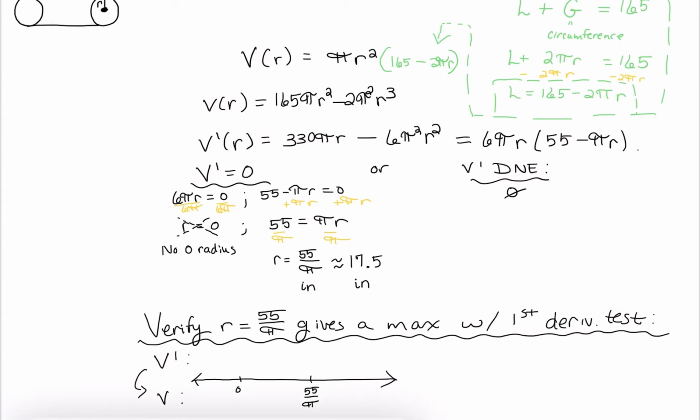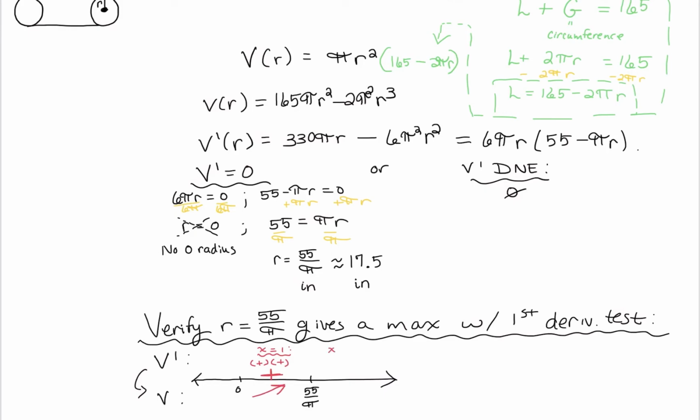So maybe we sub in just something like 1, so subbing 1 into your derivative. So if I look at the 6 pi r, that monomial would be positive, and then 55 minus pi is definitely going to be positive, so this is going to be positive, and so we're going to be increasing.